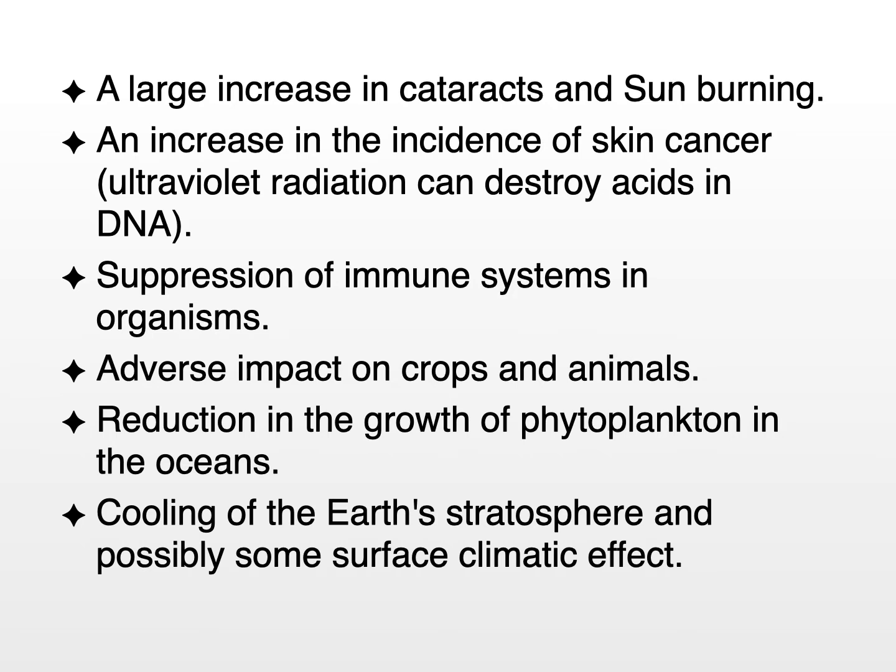Ultraviolet radiation can destroy the acids in DNA, causing mutations. Higher ultraviolet radiation levels cause a suppression of the immune system of organisms. It would adversely affect crop growth and, of course, animals due to some of the effects already described.